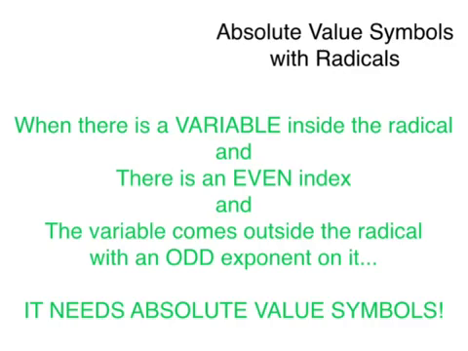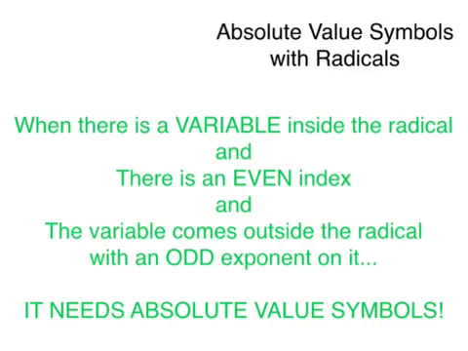When there is a variable inside the radical, so it has to be a variable, a letter. This doesn't apply to when numbers are inside the radical, but when there's a variable inside the radical and there is an even index, that means square root, fourth root, sixth root, something like that, and the variable ends up coming outside the radical with an odd exponent on it.